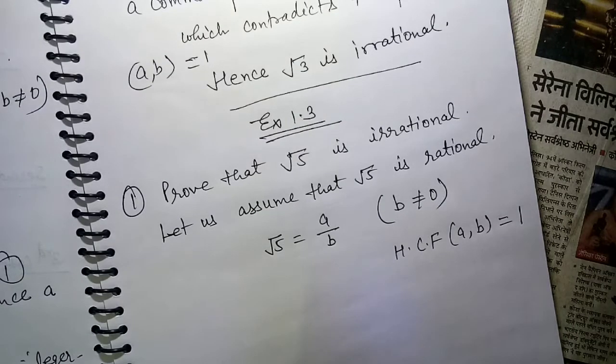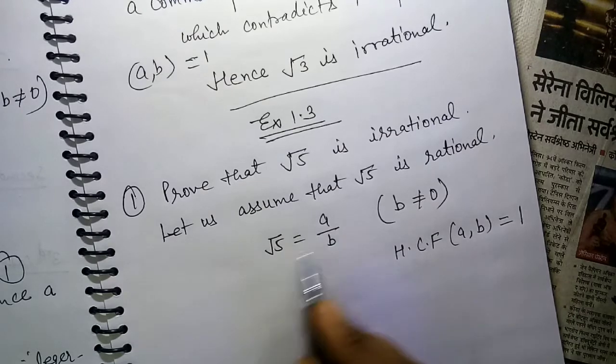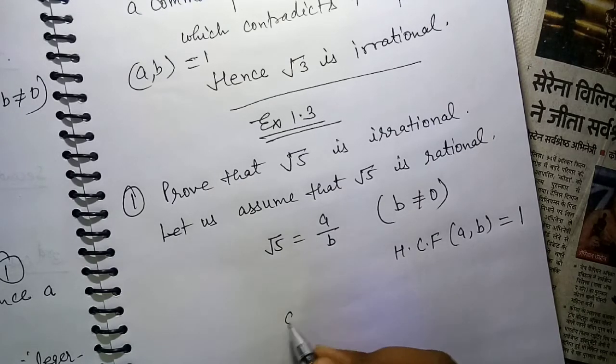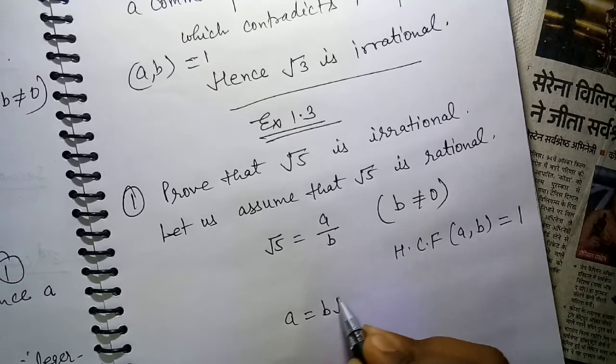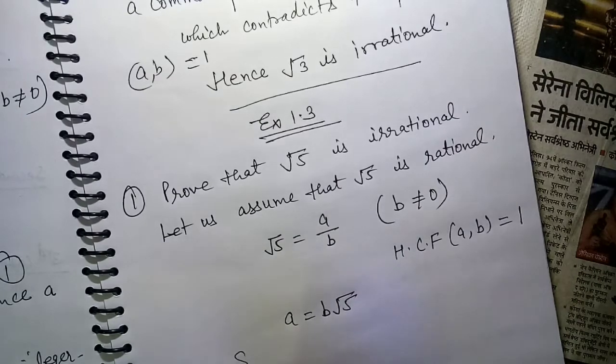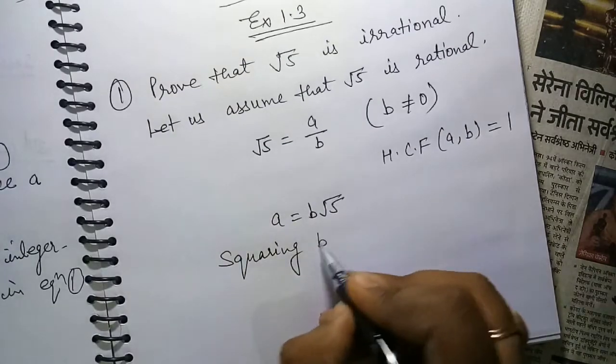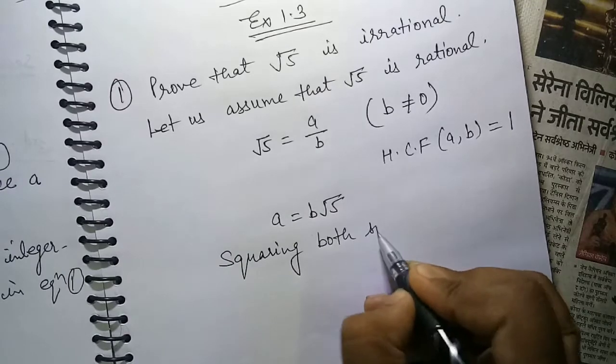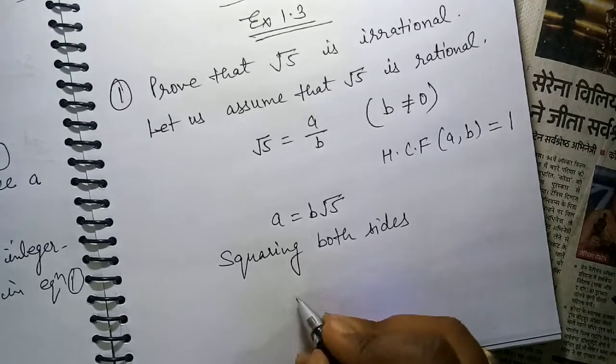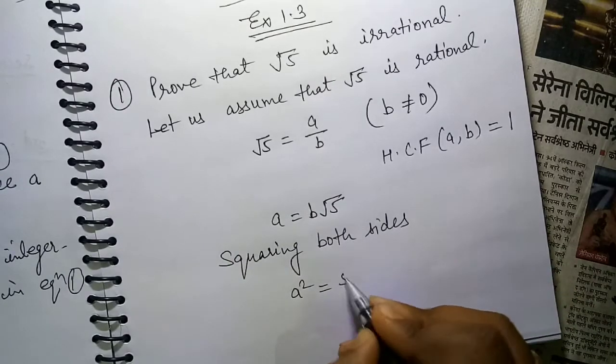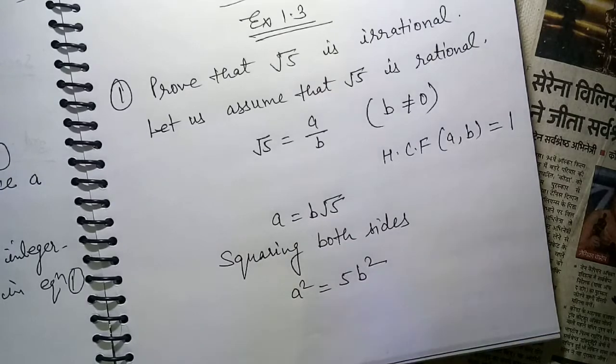Now what you have to do, just write it in terms of a. a is equal to b root 5. Squaring both sides, you will get a square equal to 5b square.